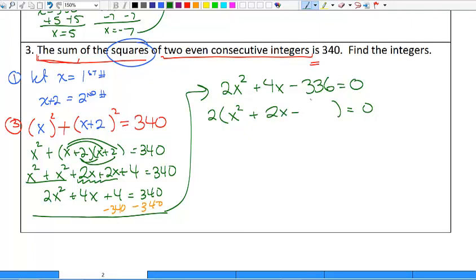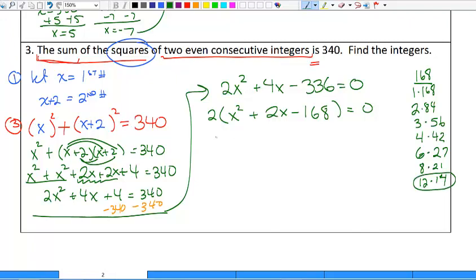So 336 breaks down into 2 times 168. So I need the factors of 168. Okay, so once I've got my list of factors of 168, it looks like 14 and 12 are going to work.